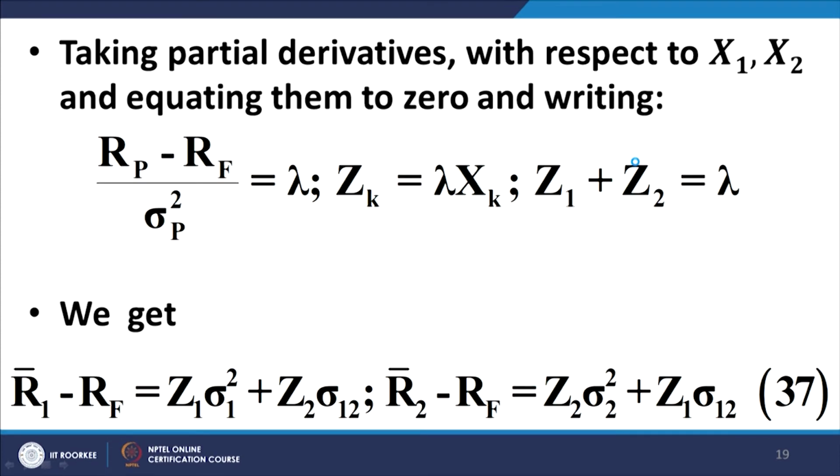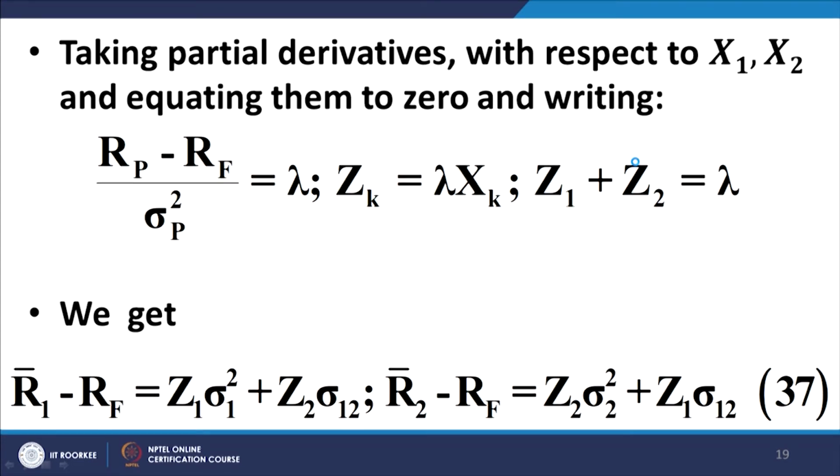If you make all these substitutions, what we end up with at the end of the calculations, which are again quite straightforward differentiation calculations and algebraic substitutions, are the equations r 1 minus r f is equal to z 1 sigma 1 square plus z 2 sigma 1 2, and r 2 minus r f is equal to z 2 sigma 2 square plus z 1 sigma 1 2. This set of equations is equation number 37.